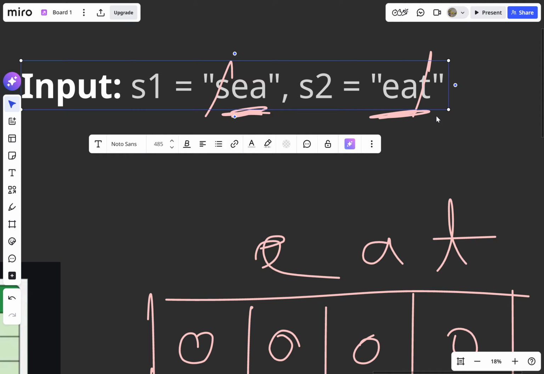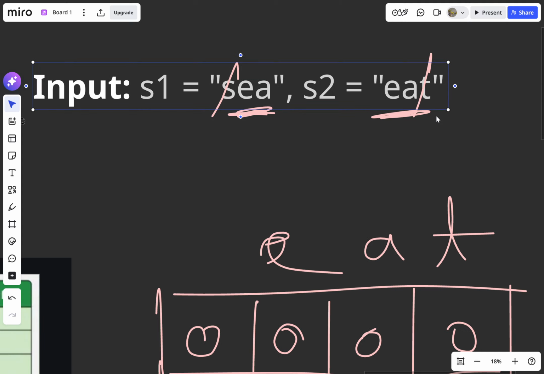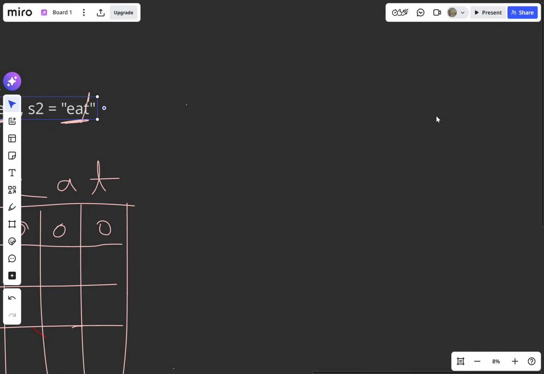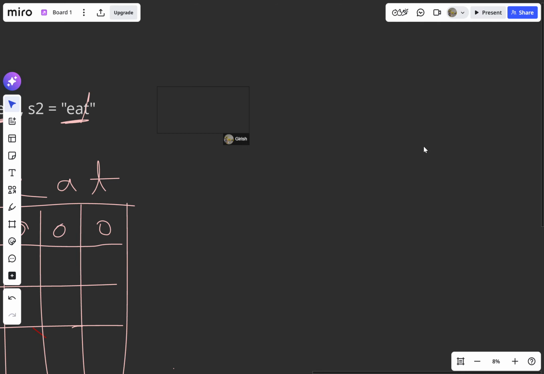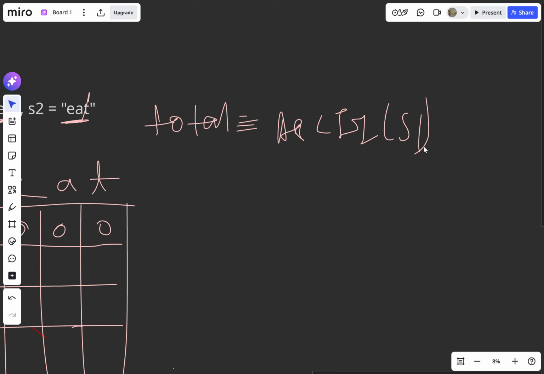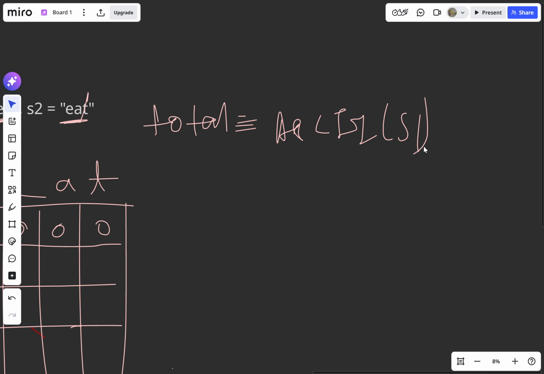So what our approach is, we have a total value containing the ASCII values of S1 and the ASCII values of S2, with the characters which are present.